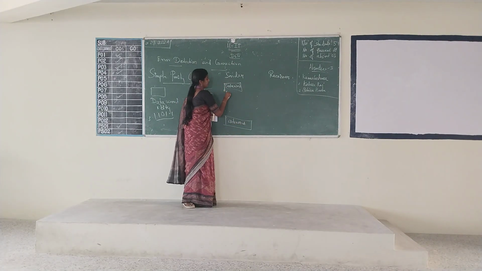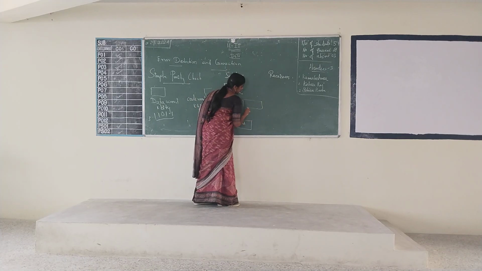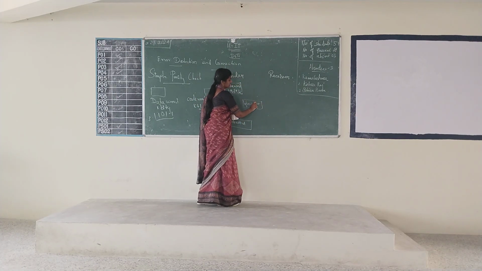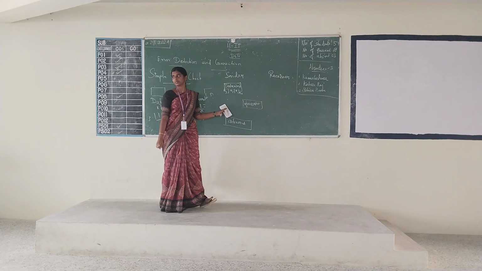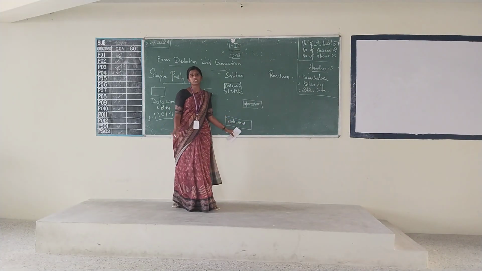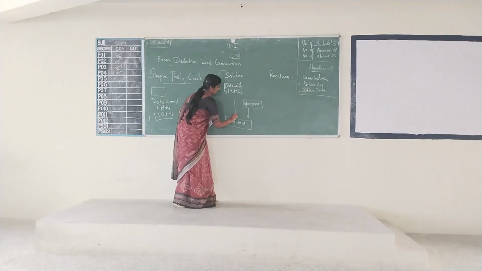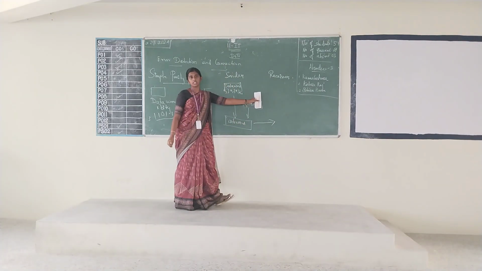For example, we have 4 bits. You will have a generator here. The generator is the one which generates the parity bit. It checks whether the parity bit will be 0 or 1, and it will be 0. Then the data is transmitted to the receiver.